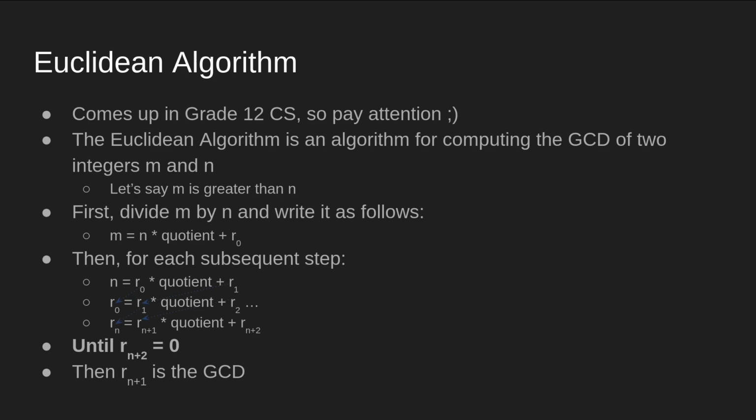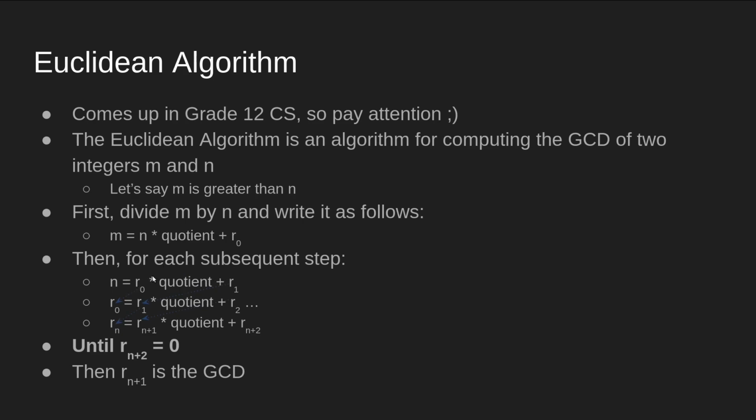For each subsequent step, we take whatever we divided by and make that our big number, and then we divide by the last remainder. So we get n is equal to r0 times some new quotient plus some new remainder.